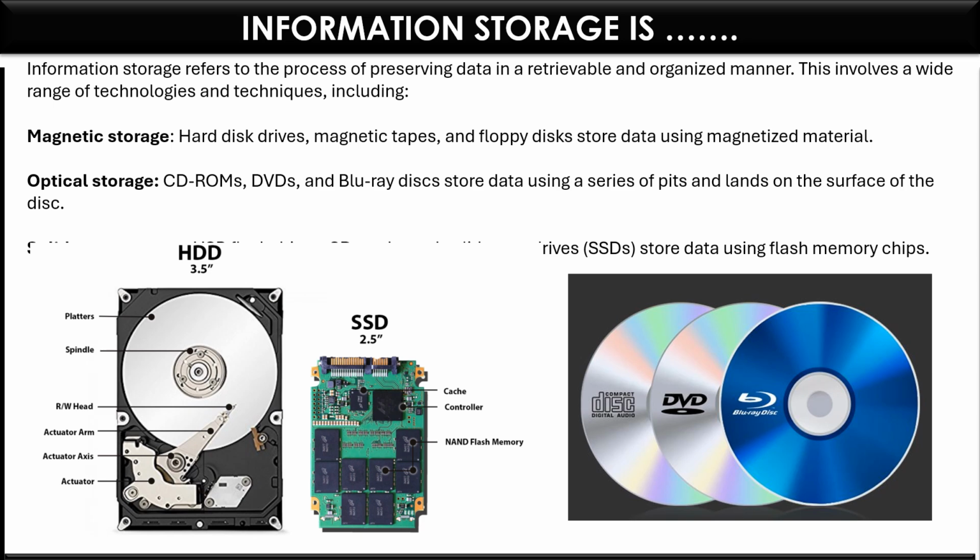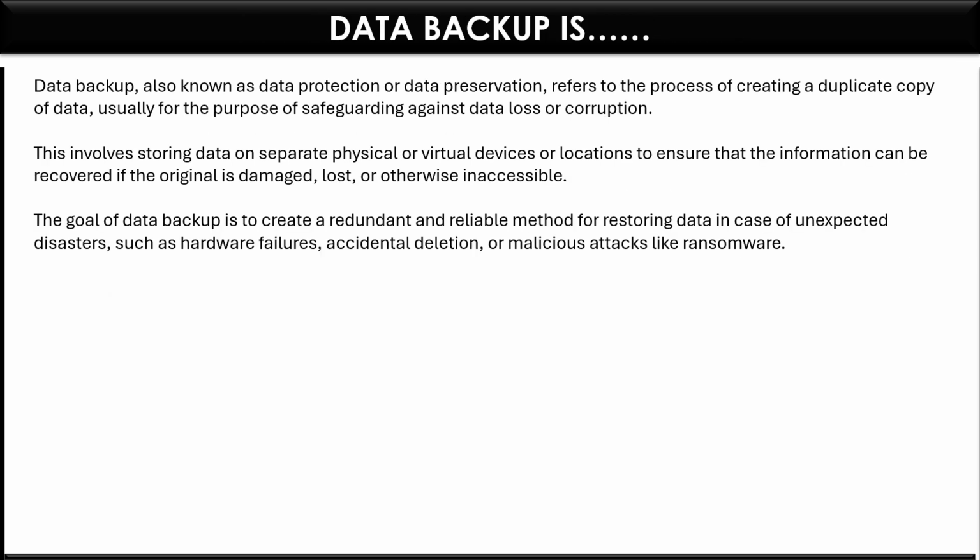So there we have our simple diagram showing the two types of storage devices, such as hard disk drives, SSD or solid state drive, and then optical disks. So that was the definition, or meaning, of information storage.